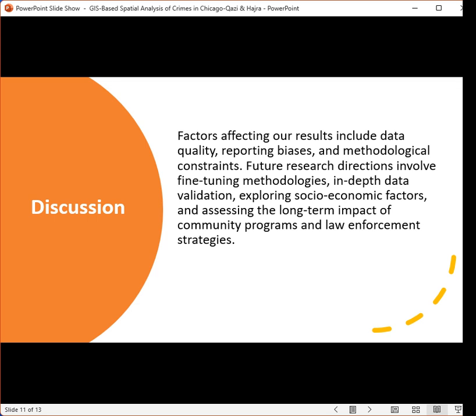Issues such as data quality, reporting, and limitations in our methods are critical considerations to enhance the reliability of our findings.